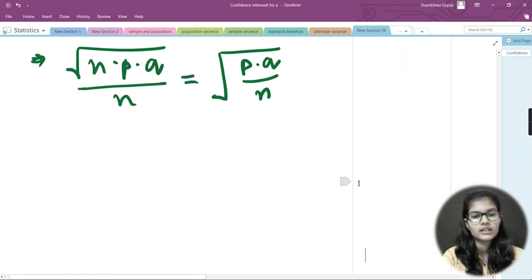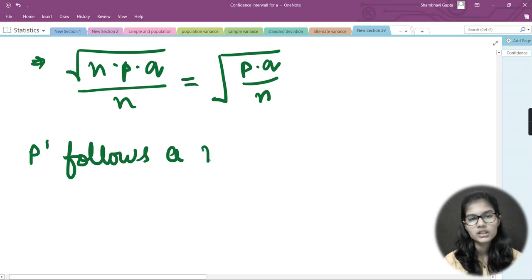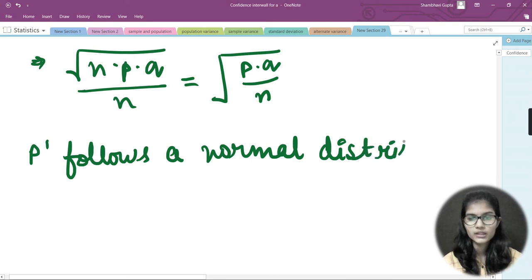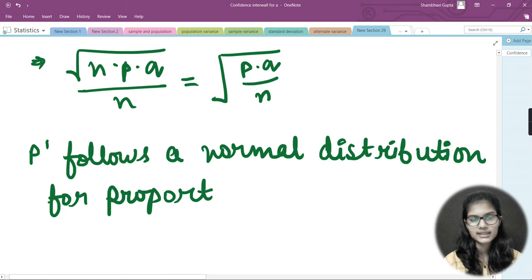So basically here, P dash follows a normal distribution for proportion.